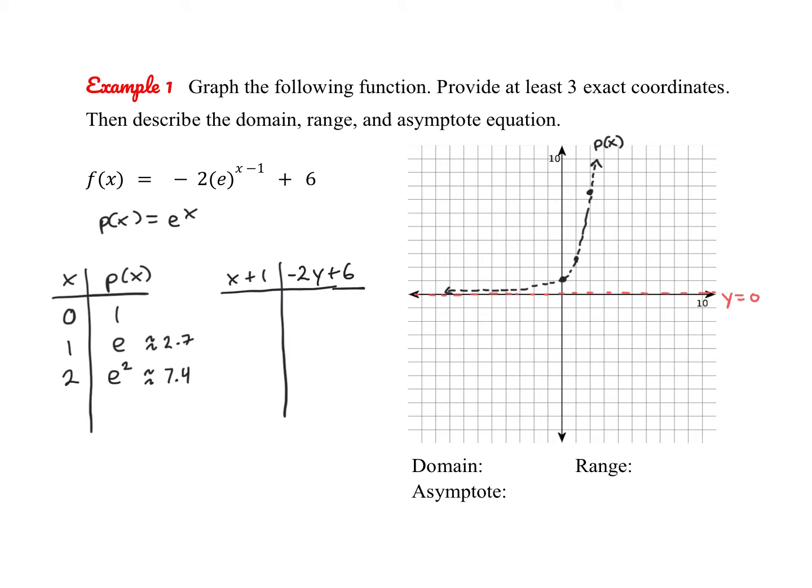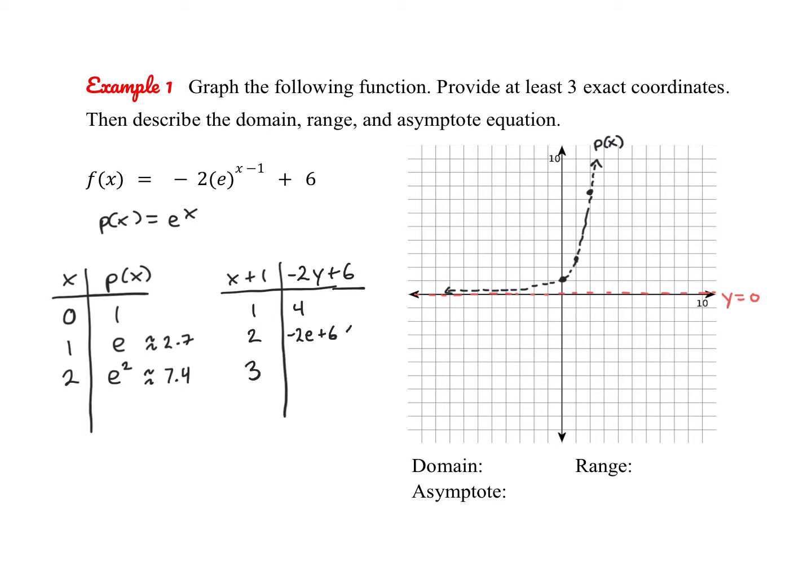So we can provide exact coordinates here. So this would be 1, 2, 3, and here we have 4. And then here we could just say -2e plus 6. That would be exact. And then you could plug this into your calculator to get a decimal approximation.